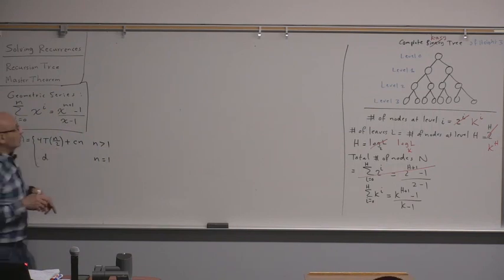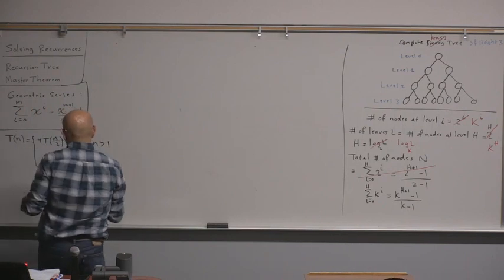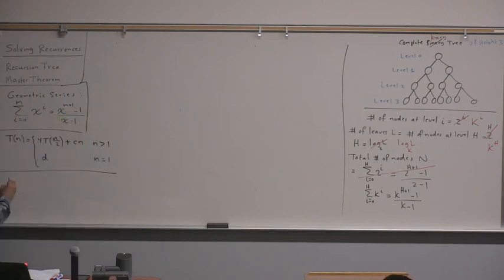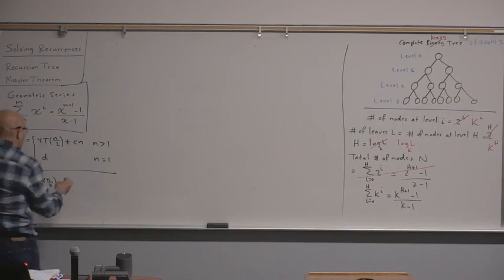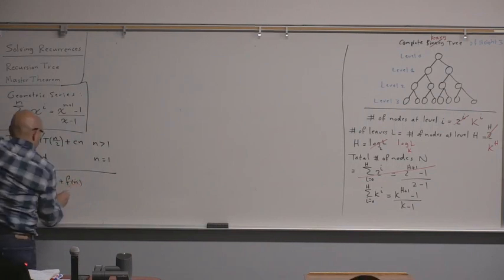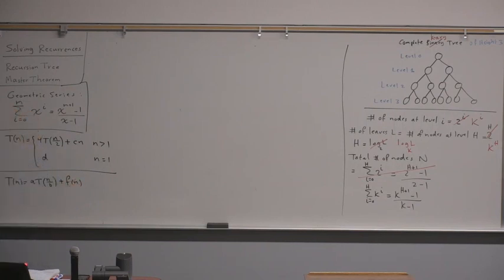So in general, if you have T of n equals A T of n over B plus f of n, A is going to be the number of subproblems, and B is going to be the division ratio.